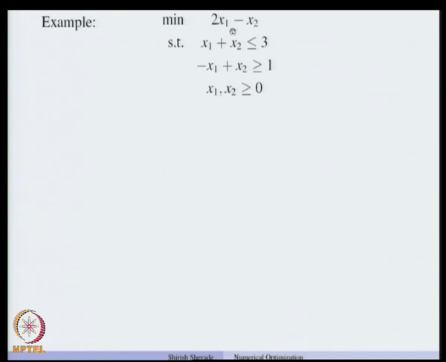So, let us consider the problem to minimize 2x1 minus x2 subject to x1 plus x2 less than or equal to 3, minus x1 plus x2 greater than or equal to 1, and x1 and x2 non-negative. Now, the first constraint is of the type less than or equal to inequality, and the second constraint is of the type greater than or equal to inequality.